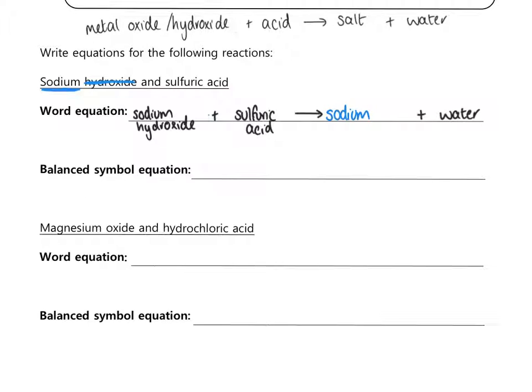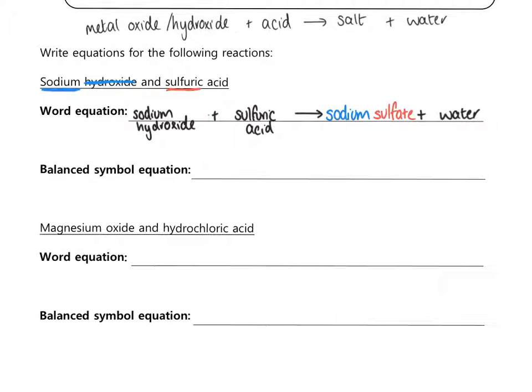And then for the second part of the salt name, we need to look to the acid. This time, it is sulfuric acid. And so the second part of my name is going to be sulfate. Remember that sulfuric acid changes its ending to sulfate. So you can see we have a very similar salt name as we would have met previously with the reactions of metals and acid.